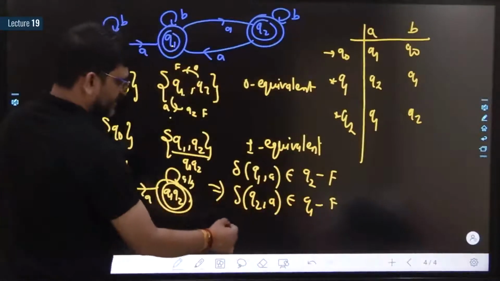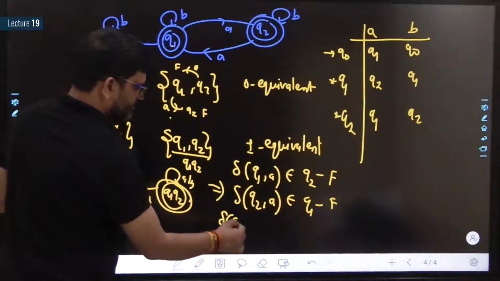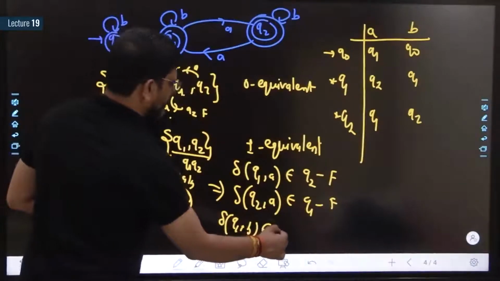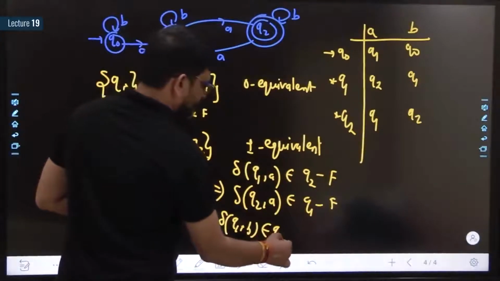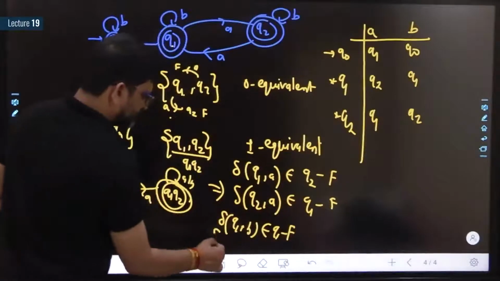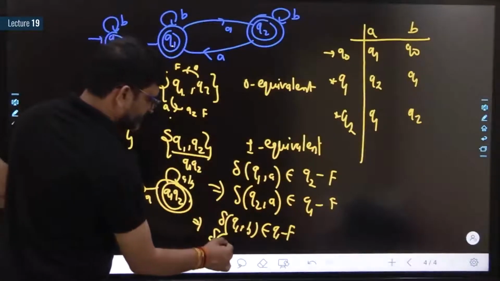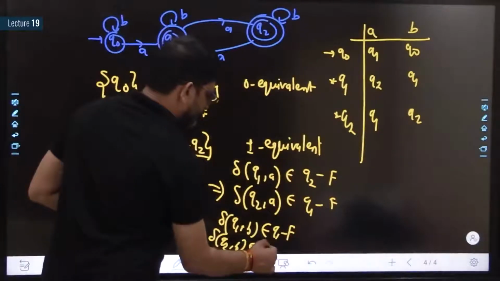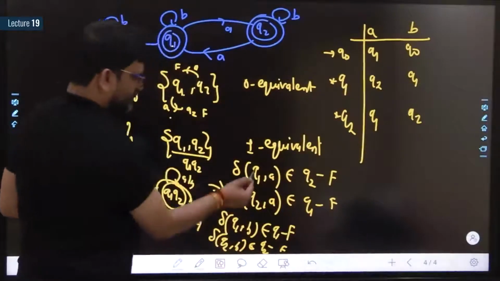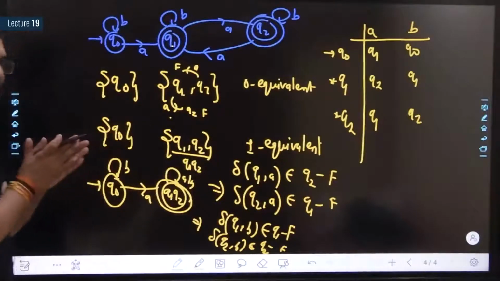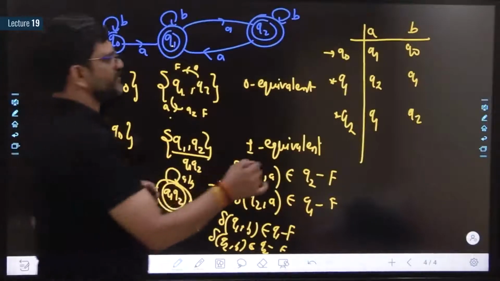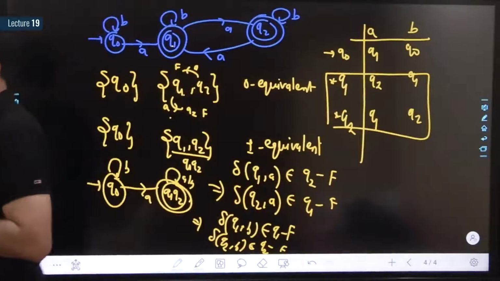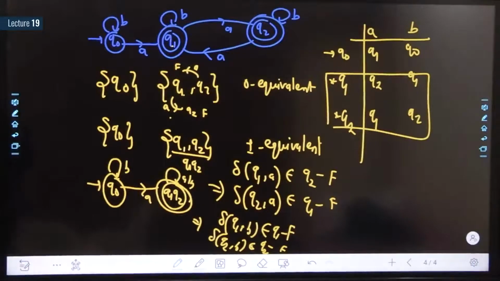Now check for B. Q1 on B belongs to Q1, that is final, which implies that Q2 on B goes to Q2, that is also final. It means Q1 and Q2 are equivalent. We can merge these two states into a single state. Clear? Are you getting my point? Okay.